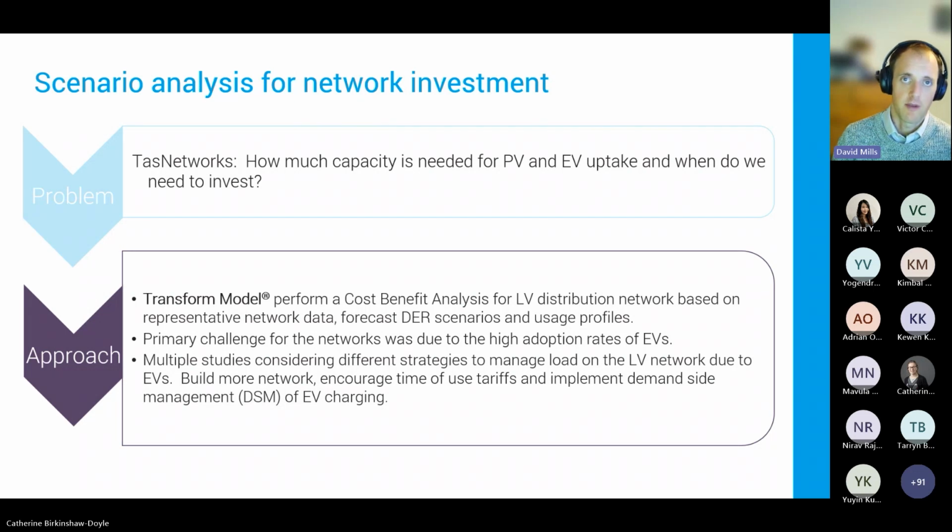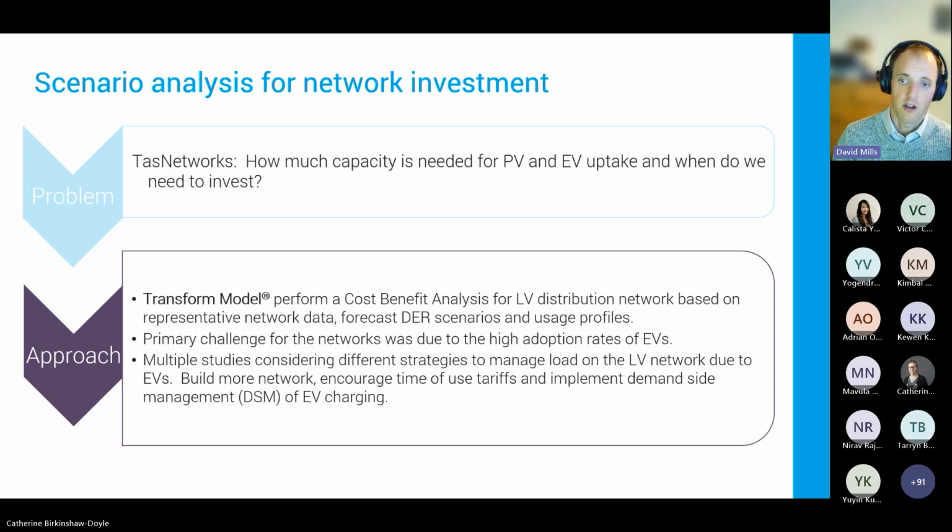But then also, how might you be able to incentivize customers to shift some of that demand? So rather than charging at 5 p.m., can you get them to charge overnight? And actually, how much demand do you need to change to significantly reduce the cost of expenditure of the network?